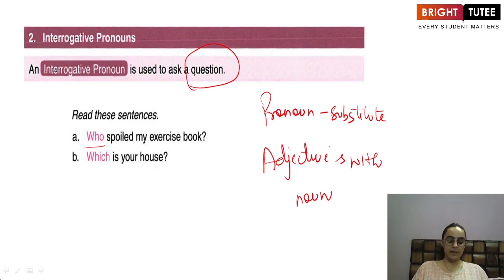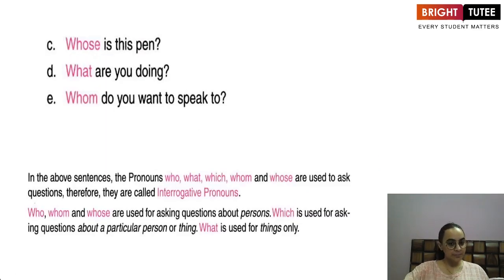So this is my interrogative pronoun who that I'm using to ask a question. Which is your house? I'm using the interrogative pronoun which to ask a question again. Whose is this pen? Whose is the interrogative pronoun?